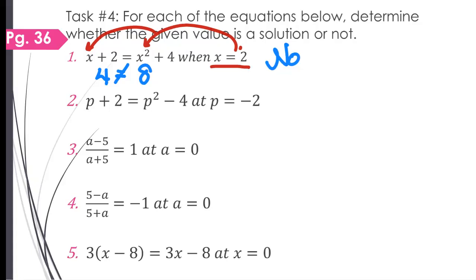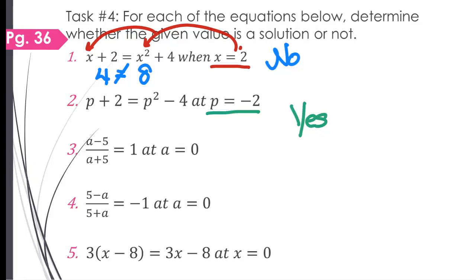All right, the next one. p is equal to negative 2. Is that a solution for this equation? Who am I talking to? Pierre. Is that a solution for this equation? He says yes. All right. What is p plus 2?